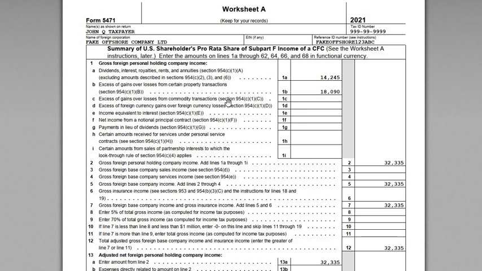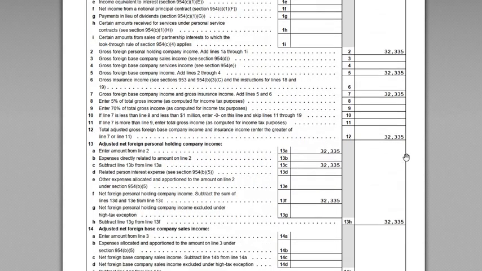But one of the rules of Subpart F inclusions is you cannot have a Subpart F inclusion in excess of your E&P. Remember, our E&P is about $23,000 and change, $23,676. We can see here that our Subpart F income is $32,335.